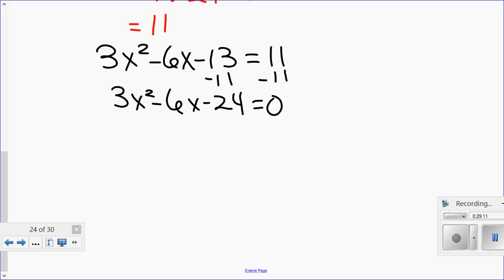Now, fortunately, I have a GCF, right? What's my GCF? 3. Now, Emily's going to say, why are you factoring out the GCF this time, Mrs. Bennett? Because I'm actually solving, right? So I'm going to factor it out because it's going to be way easier to find my two numbers if I don't have a coefficient in the front.